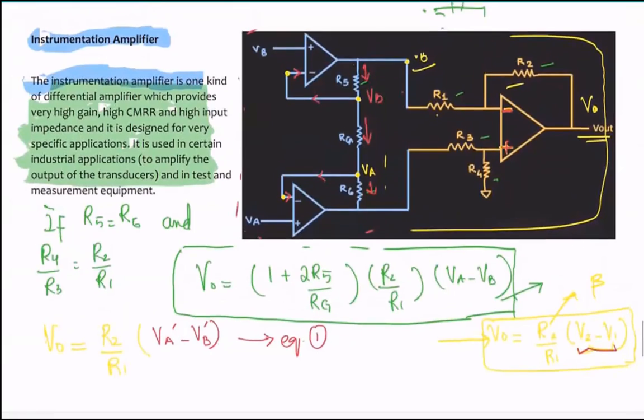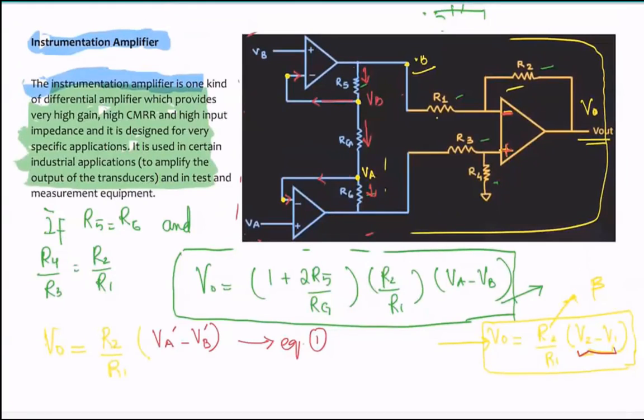Is everybody following me? Because there's no current flowing in this direction, this whole thing becomes a series circuit, and in a series circuit the current remains the same. So whatever the current is across RG is also the current flowing in R5 and R6.